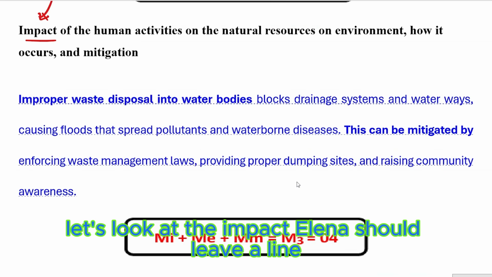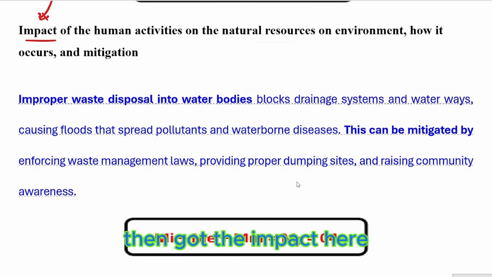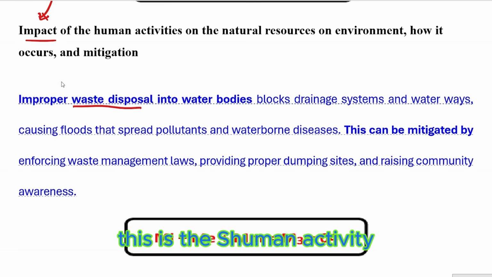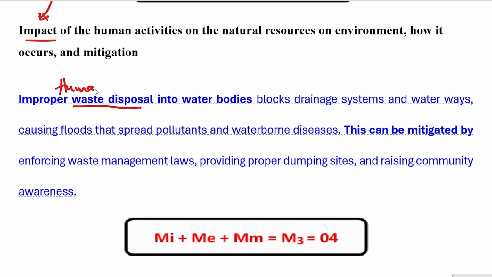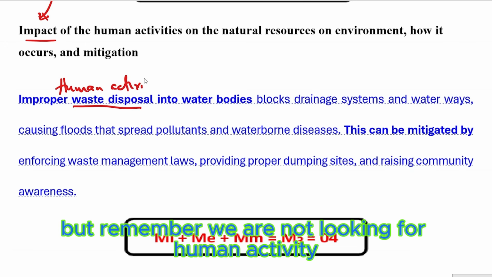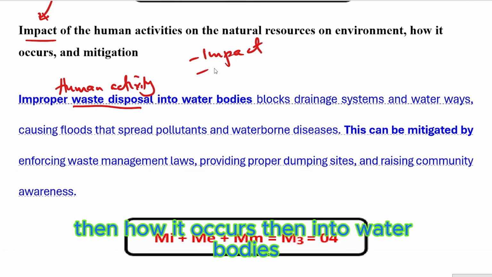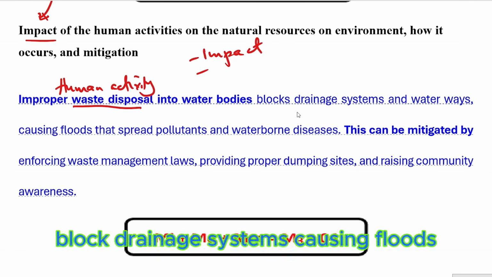Let's look at the impact. A learner should leave a line, then go to the impact here. So the human activity was waste disposal. But remember, we are not looking for the human activity. We are looking for its impact on the natural resource, then how it occurs: waste goes into water bodies, blocks drainage systems, causing floods.